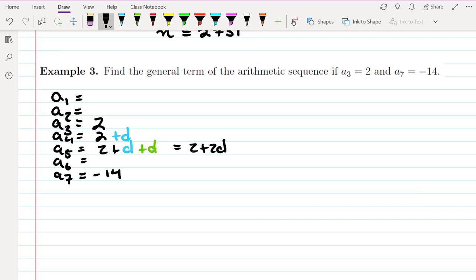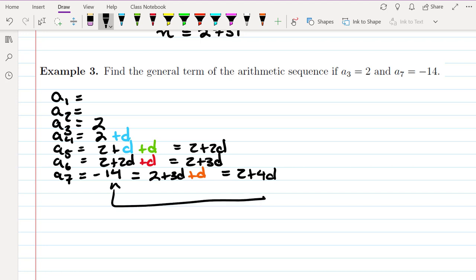And then to get to the next term, we would have 2 plus 2d, but we would need to add to it another d, and that's going to give us 2 plus 3d. And then finally, to get to the next term, we would have to add another d. So 2 plus 3d plus d is going to give us 2 plus 4d.